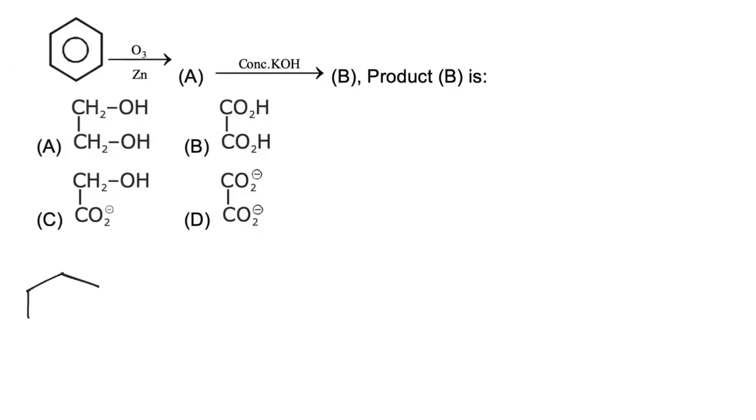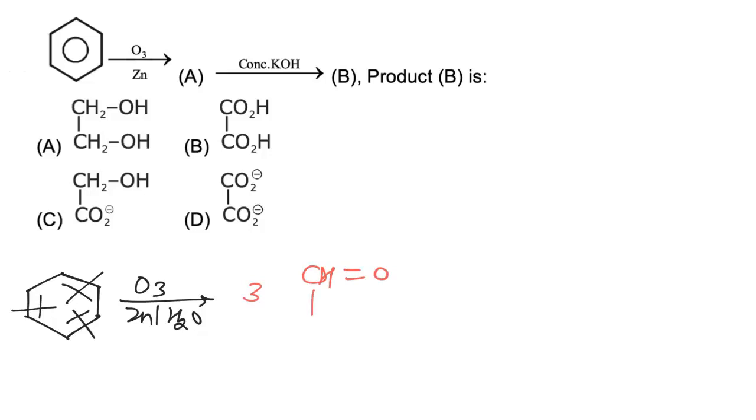In this question we have to identify the final product of the given sequential reaction. Now when benzene is reacted with ozone in presence of zinc and water, reductive ozonolysis takes place. 3 equivalents of ozone are consumed and it will be converted to 3 molecules of glyoxal.